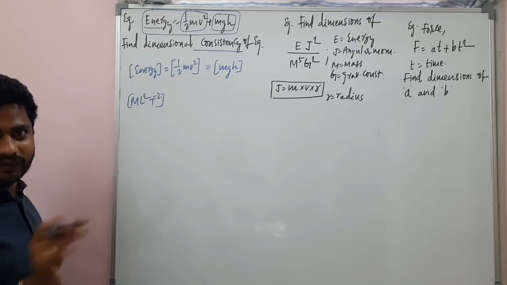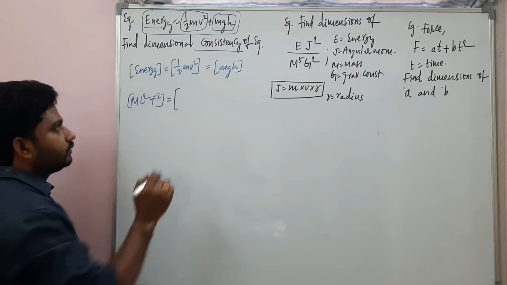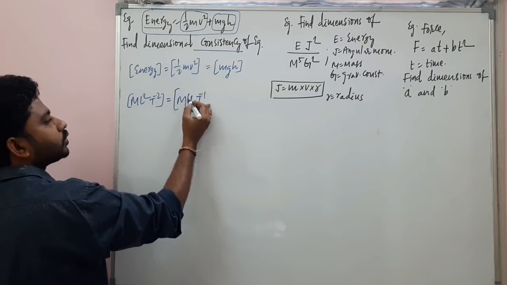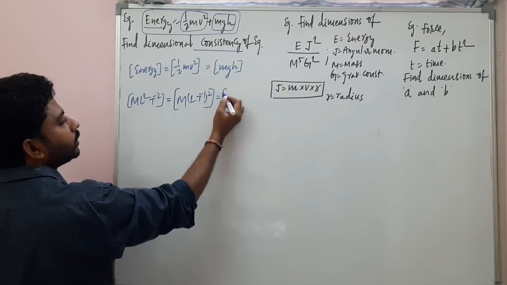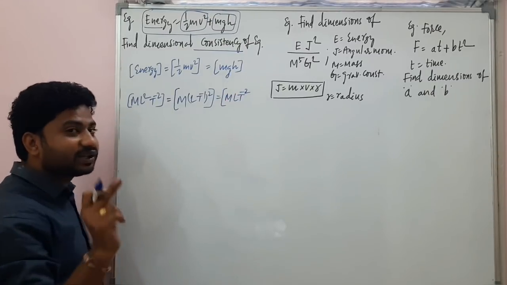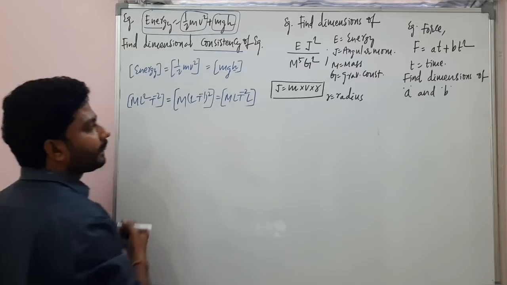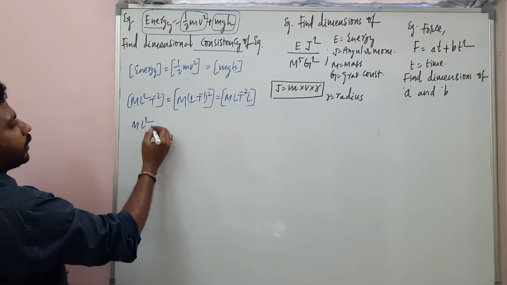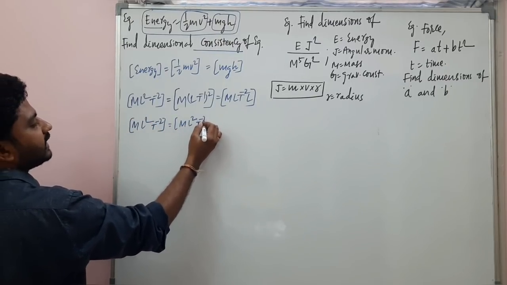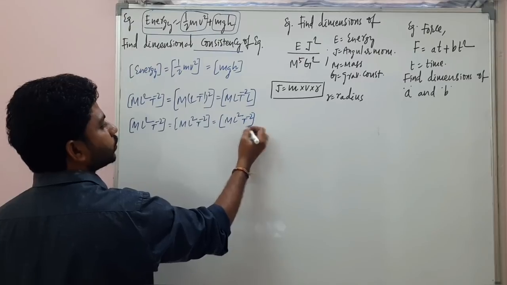Again, I am not deriving it, we have already done it. This equals half m v squared; the half has no dimension, and velocity is L T to the minus 1, whole squared. This equals m g h, where g is acceleration due to gravity, L T to the minus 2, and h is height, L. So M L squared T to the minus 2 equals M L squared T to the minus 2 equals M L into L squared T to the minus 2.